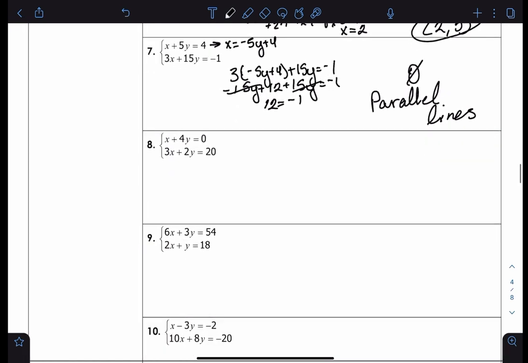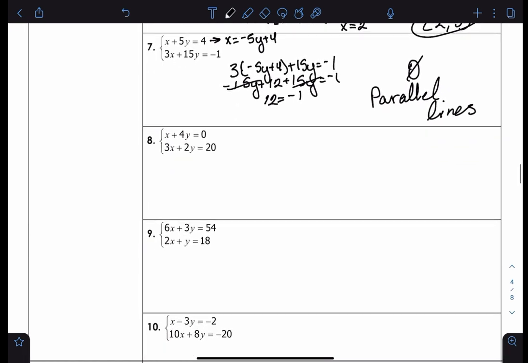So now we can move on to question 8. Our equations for this are going to be x plus 4y equals 0 and 3x plus 2y equals 20. Our first equation is going to be the easiest to convert to a simple equation, so we're going to change it to x equals negative 4y. We can now plug in 3 times negative 4y plus 2y.